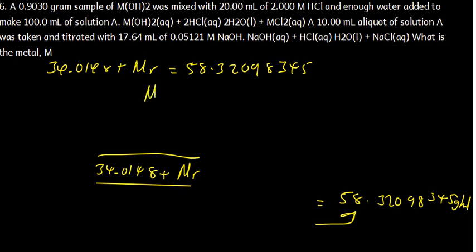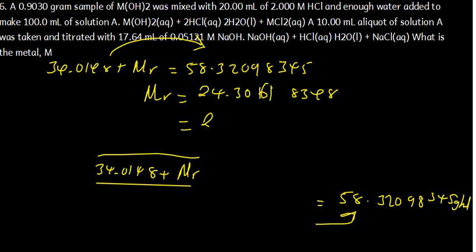So the molar mass in this case, we take the 34.0148 over to the other side, and it becomes negative, so it will subtract from 58.3, and we are going to find the value of 24.30618348.